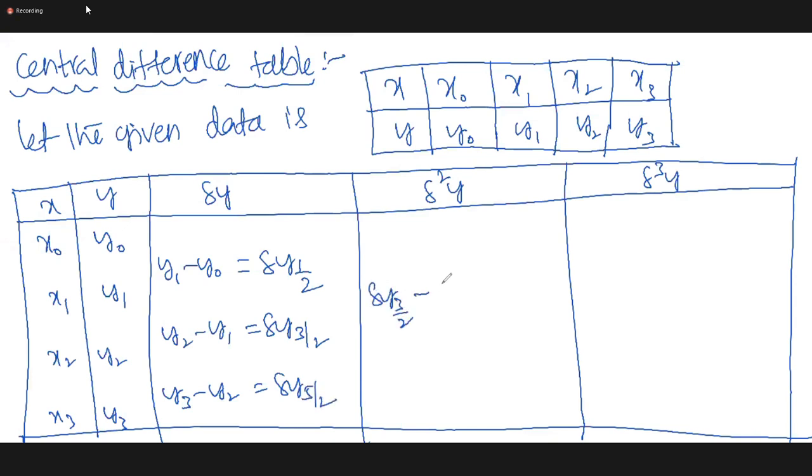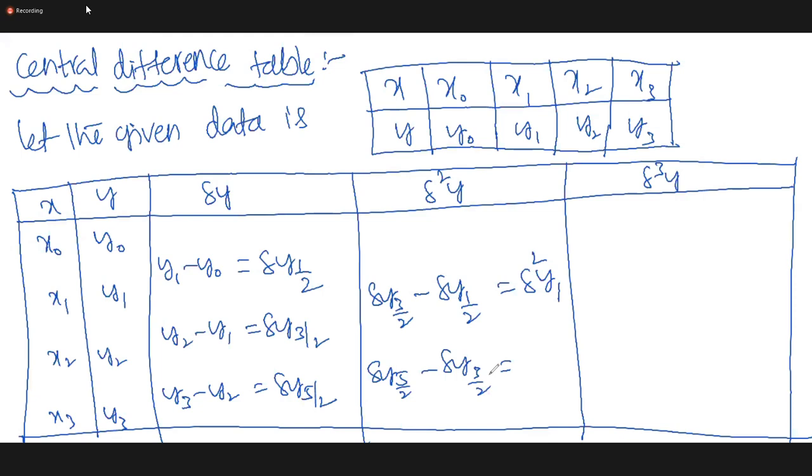Small delta y(3 by 2) minus small delta y(1 by 2). Average of 3 by 2 and 1 by 2: 3 by 2 plus 1 by 2, by 2. 3 plus 1, 4, 4 by 2, by 2. That is 1. So, small delta square y1. Small delta y(5 by 2) minus small delta y(3 by 2).